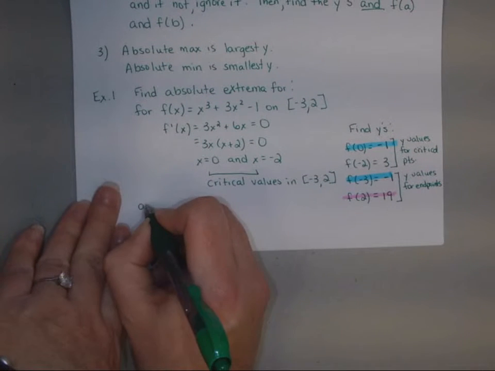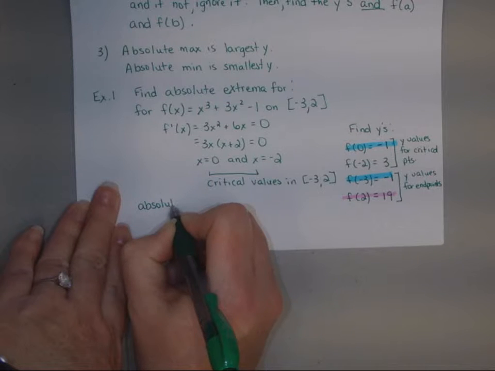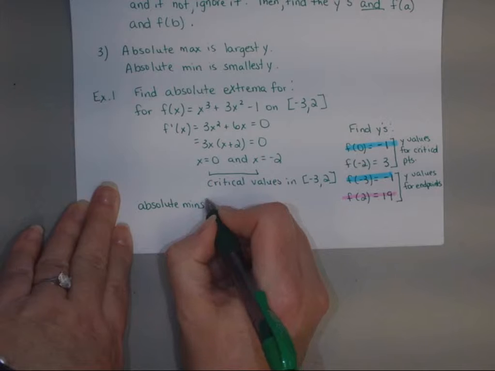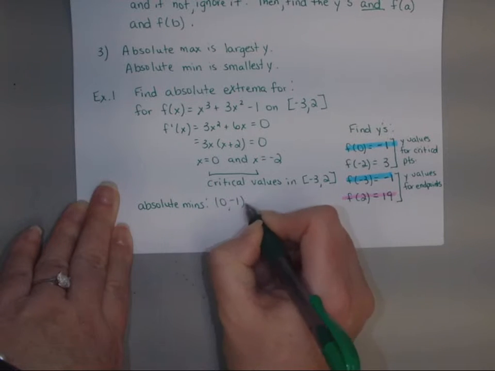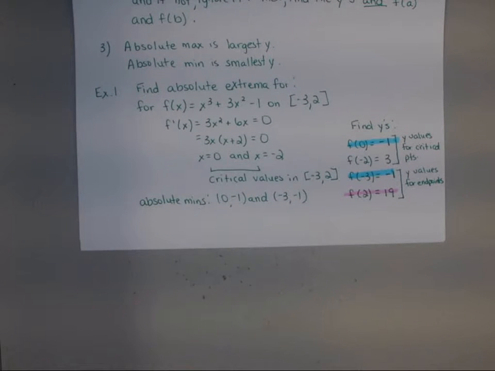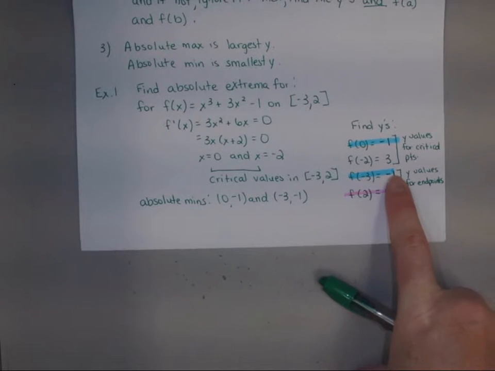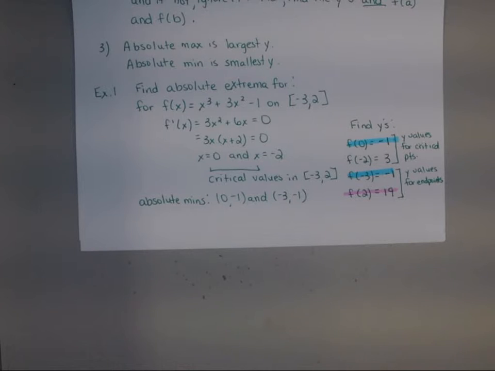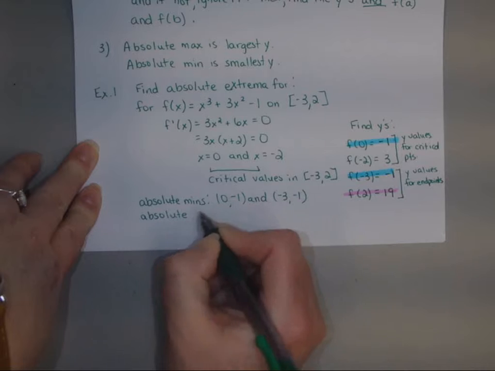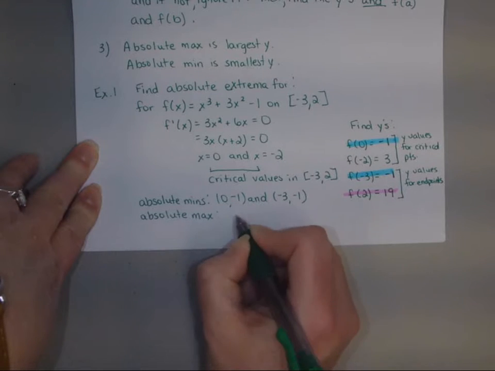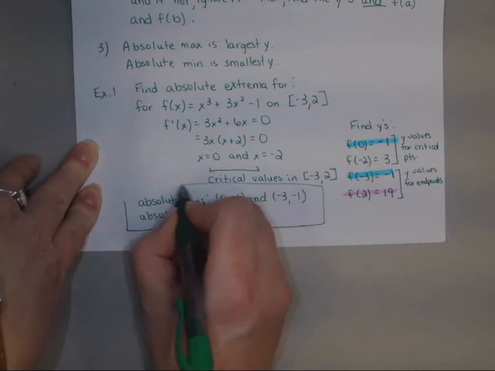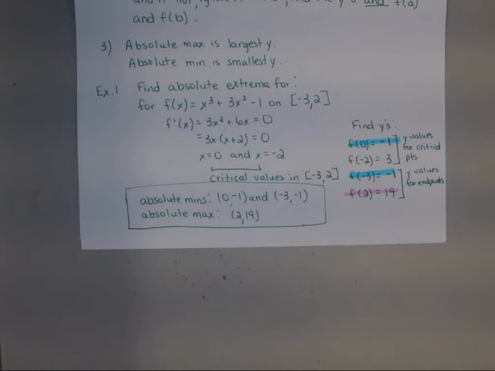So the absolute mins in this case are 0, -1, and -3, -1. Why did I pick those for mins? Because they are literally the smallest ones I got, right? I just look at the y values, okay? What was the largest y I got? 19.